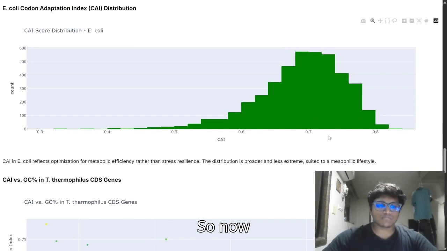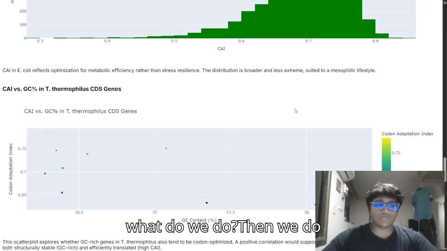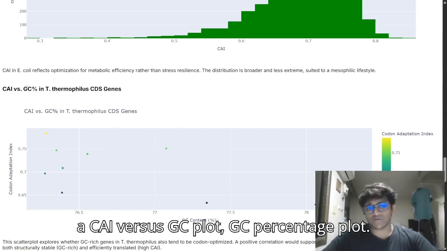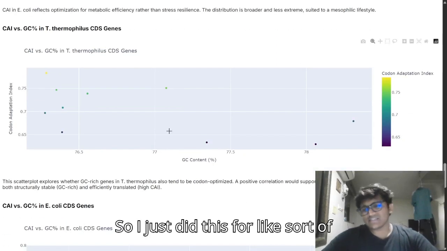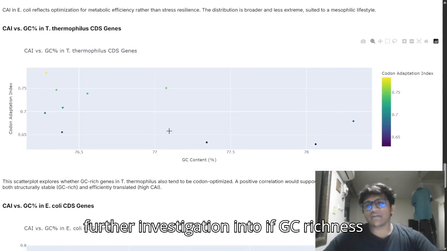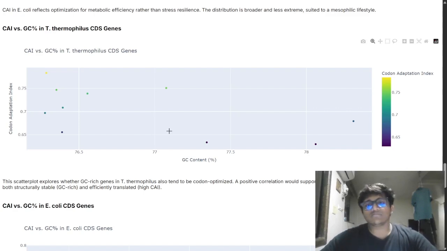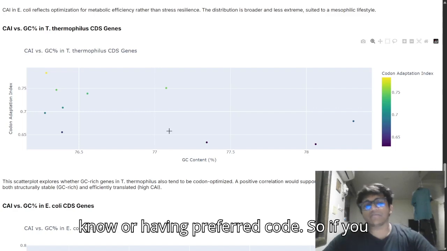So now, what do we do? Then we do a CAI versus GC percentage plot. I did this for further investigation into whether GC richness really does mean having preferred codons.